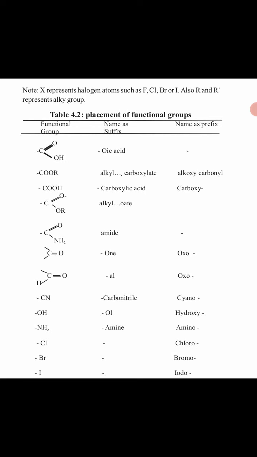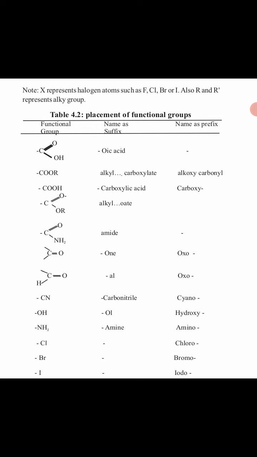Then CO. Don't forget that CO is the ketone functional group. When it is used as a suffix, you have one: propanone, butanone, pentanone. But when it's used as a prefix, we use the word oxo. The same thing with CHO used as a prefix, we call it oxo.